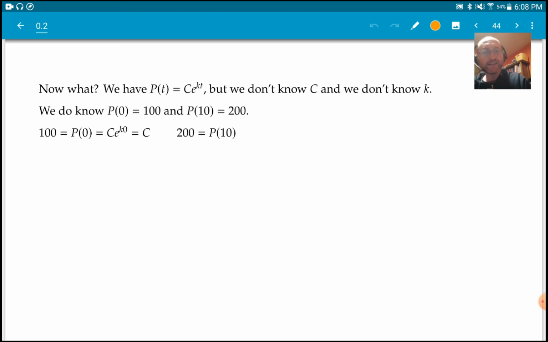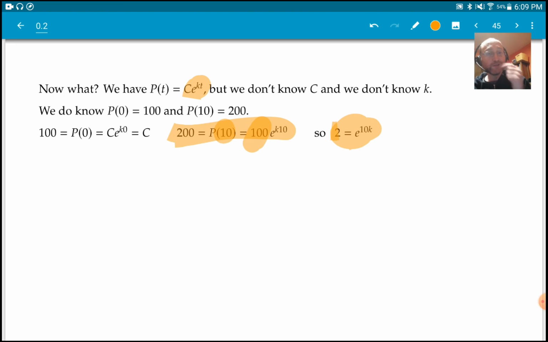Now 200 is p of 10, and I already know that c is 100. So if I plug this 10 into my solution here, with c being 100, then I get this equation. I've just rewritten this equation over here.